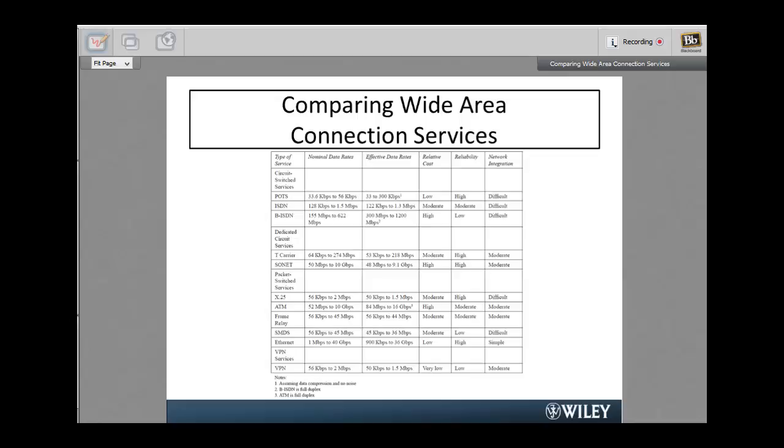You can see the nominal data rates, the effective data rates, cost, reliability, and network integration. It's compared to Ethernet, SONET.